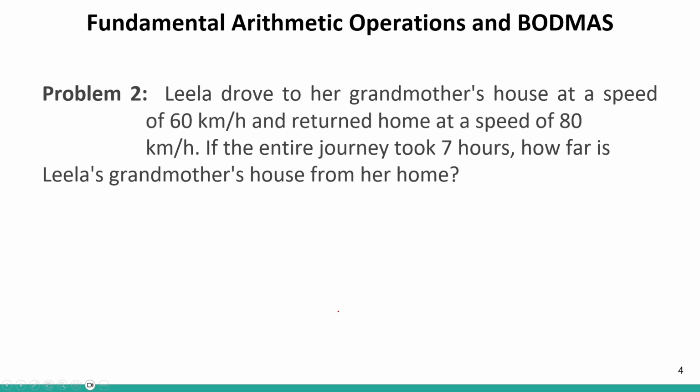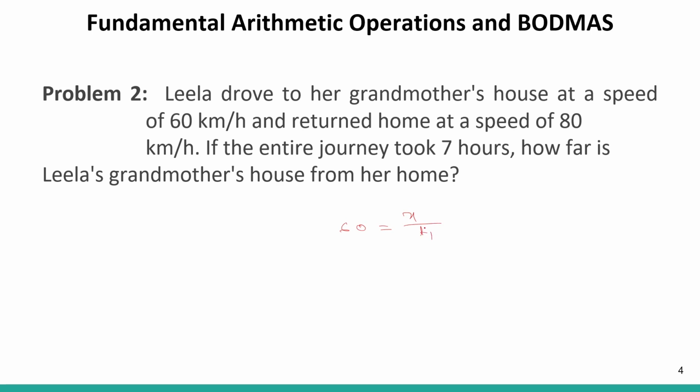Problem number 2. Leela drove to her grandmother's house at a speed of 60 km per hour and returned home at a speed of 80 km per hour. If the entire journey took 7 hours, let the distance from her home to her grandmother's house be x. She drove at 60 km per hour while going to her grandmother's house, so 60 is equal to distance by time.